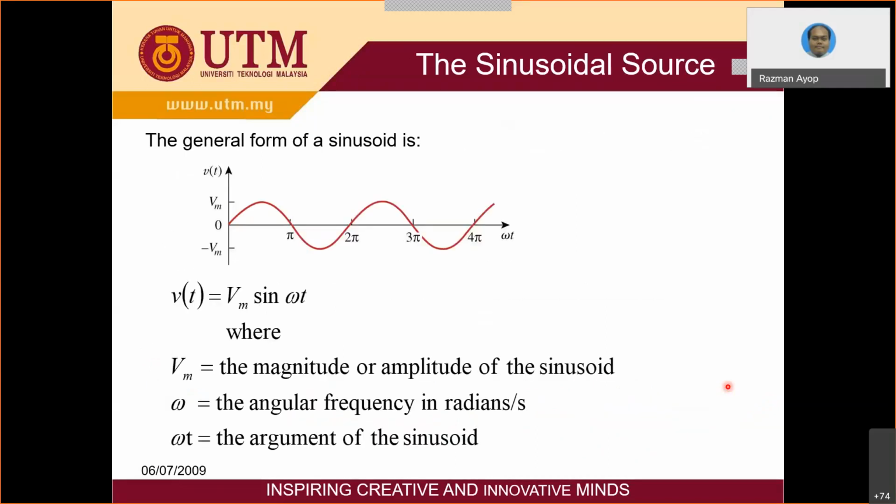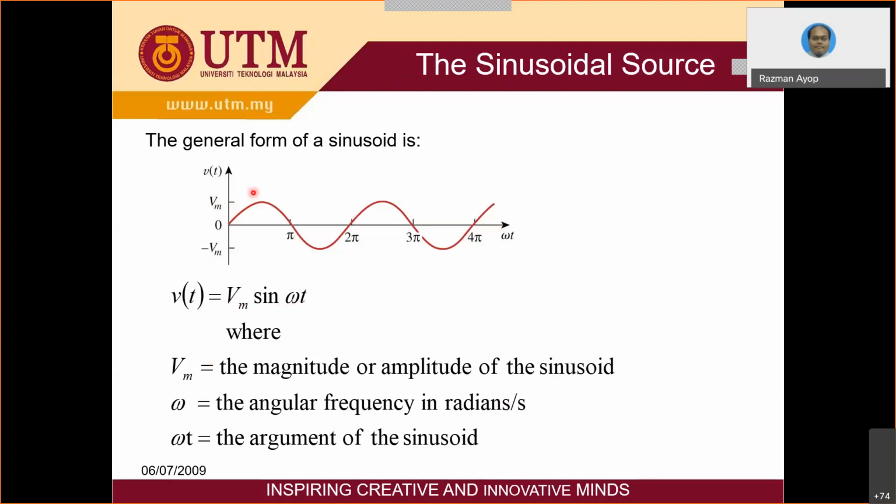This is also theory. Vt is the small letter, and Vm is the capital letter. Vm is the maximum amplitude here. So sine Wt, like this.